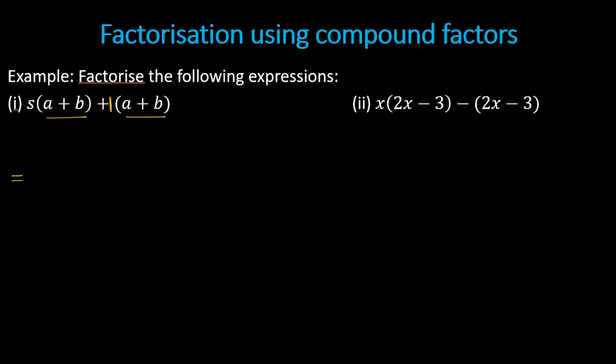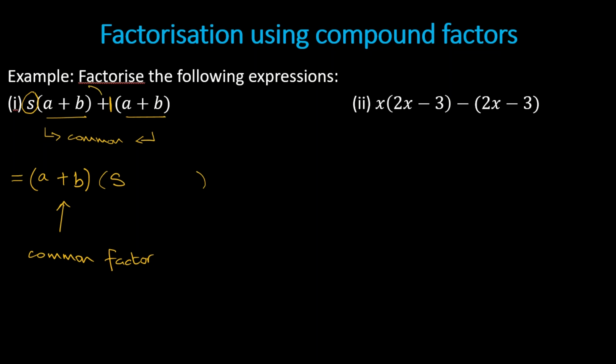So a plus b is what we call the common factor. And common factors have to be outside a pair of brackets. Yes or no? Of course. So the common factor is a plus b. We write a plus b outside the pair of brackets. Now we are left with simply s plus 1, right?